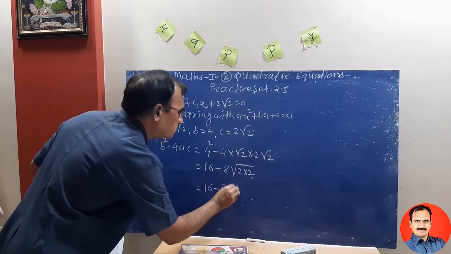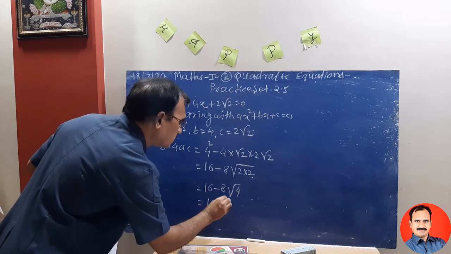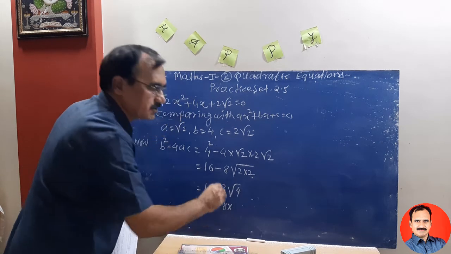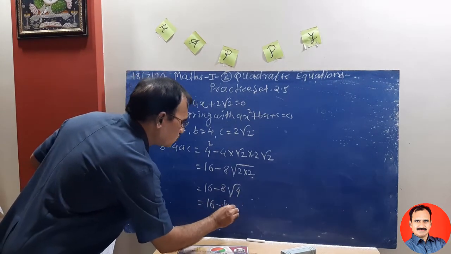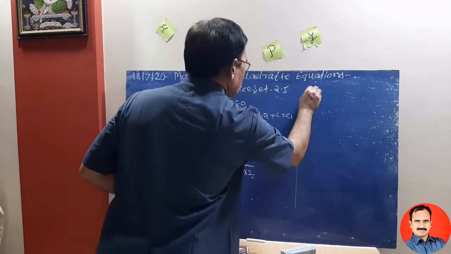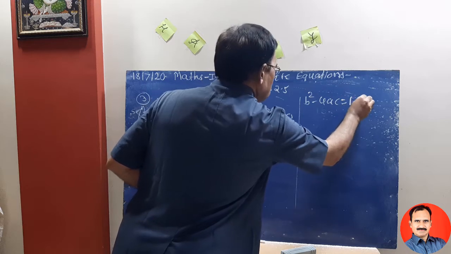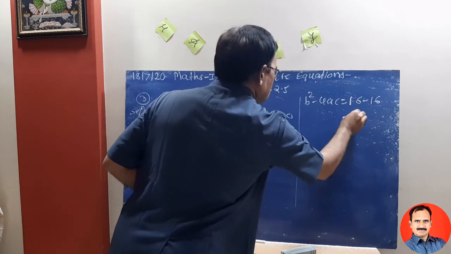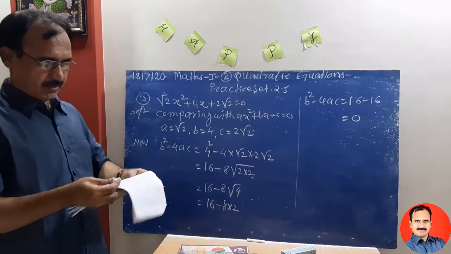Minus 8 into 4 is equal to 16 minus 8 into 2. 4 is a perfect square and root of 4 is 2. That means b square minus 4ac is equal to 16 minus 16 is equal to 0. This is the value of the discriminant.